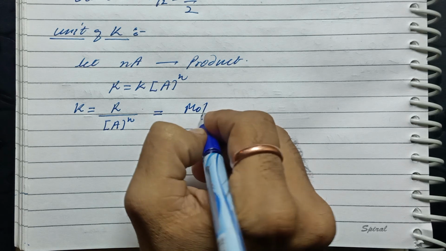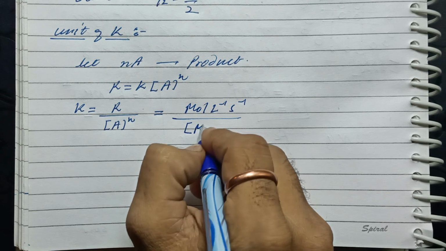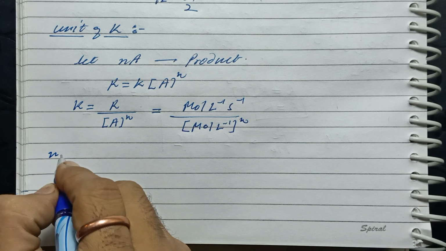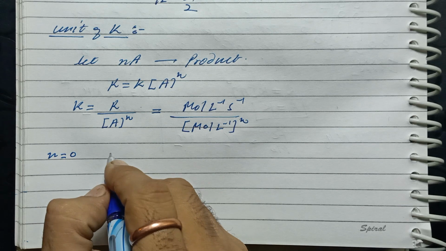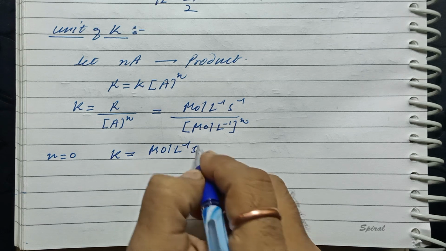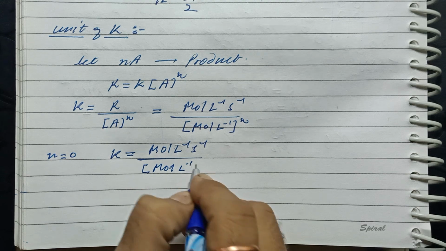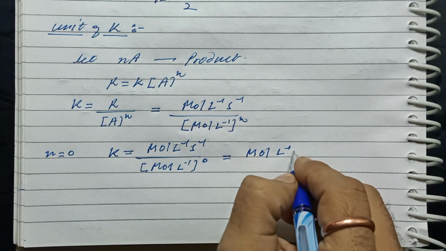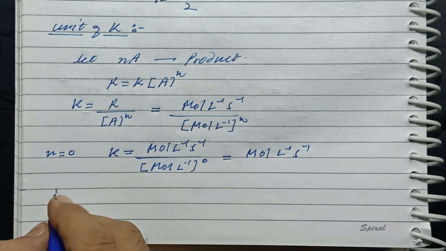The unit of R, we know, is mole per liter per second, and concentration of A is mole per liter power n. Now if we take n is equal to 0, K will be equal to mole per liter per second upon mole per liter power 0, and the unit will come out to be mole per liter per second. For zero order, K has the unit mole per liter per second.